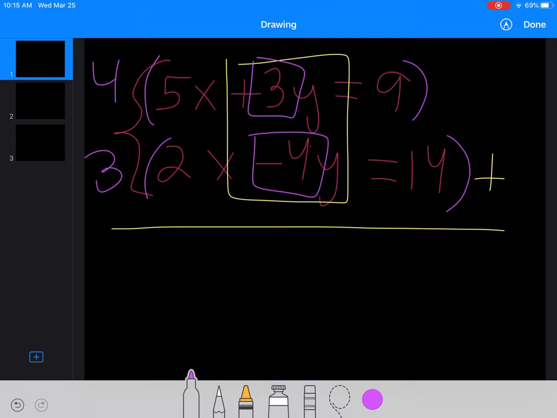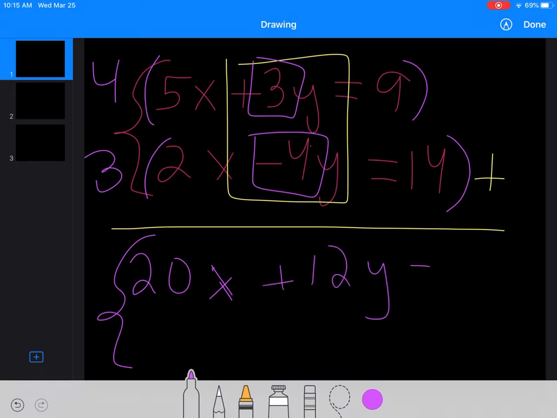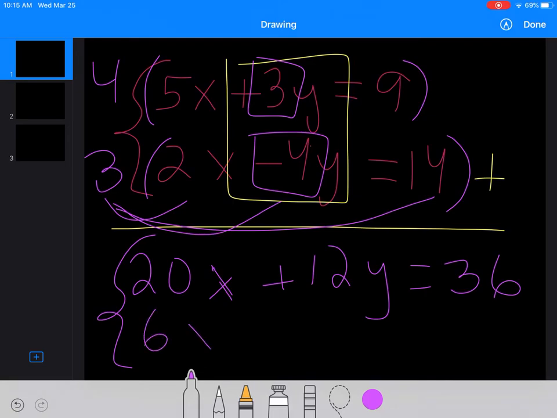So let's distribute and see what we get. The top equation is going to turn into 20x plus 12y equals 36. The bottom equation, if I distribute that 3 into every single part, I'll have 6x minus 12y equals 42.